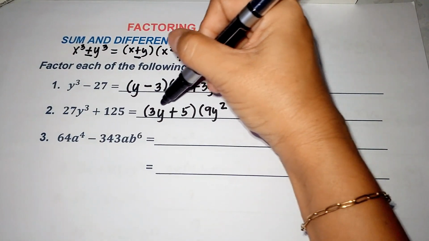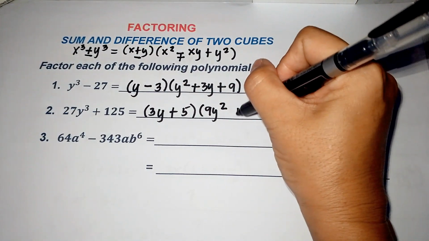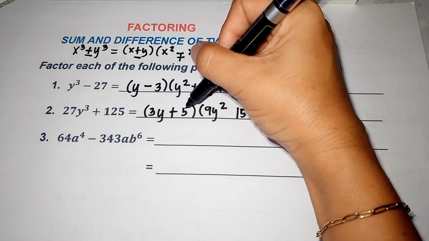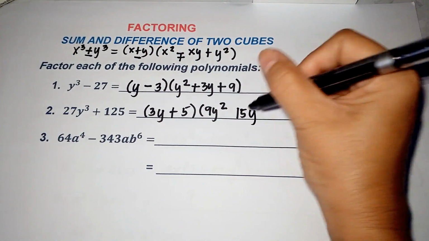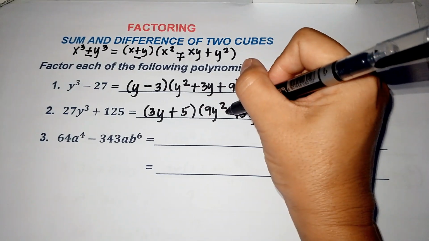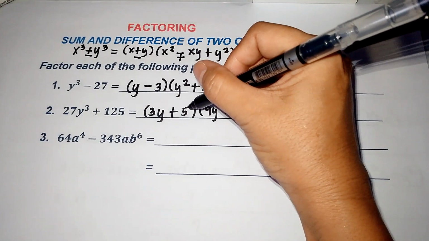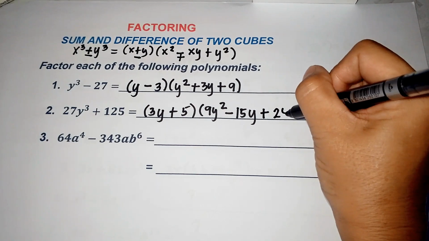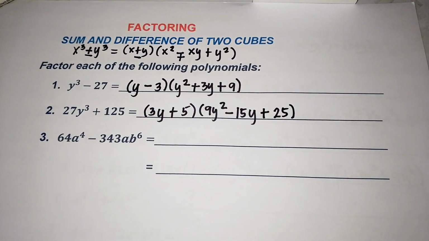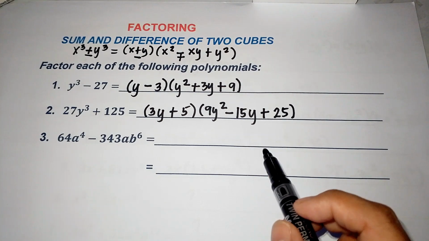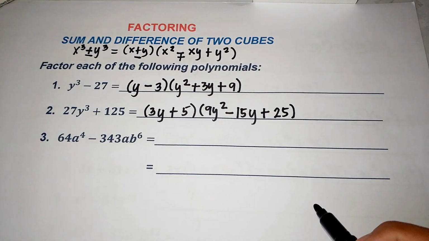We multiply 3y times 5, which is 15y. Since this is addition, we have here subtraction. Then plus 5 squared, which is 25. So we have the quantity 3y plus 5 times the quantity 9y squared minus 15y plus 25.